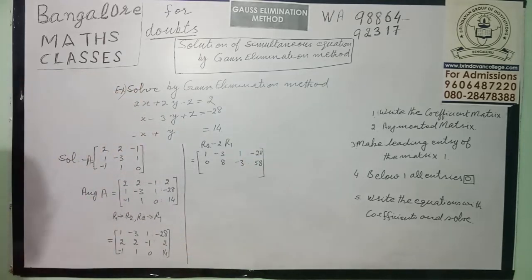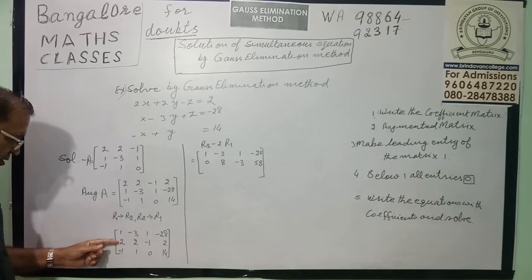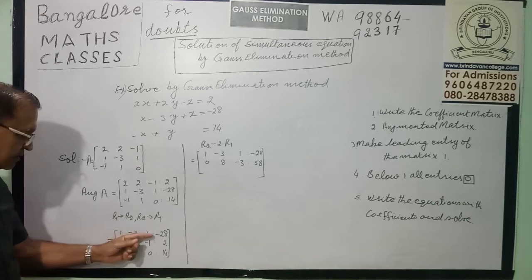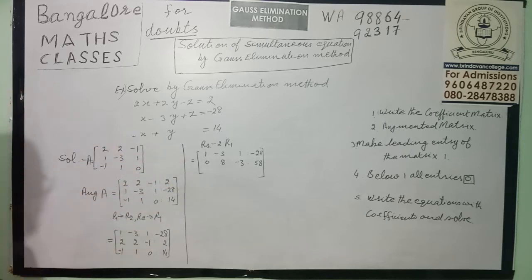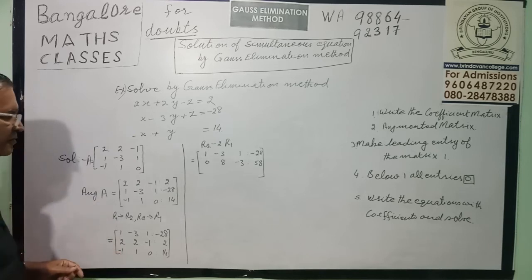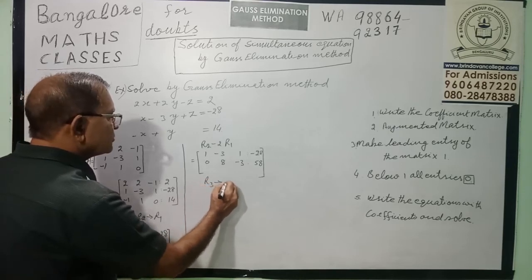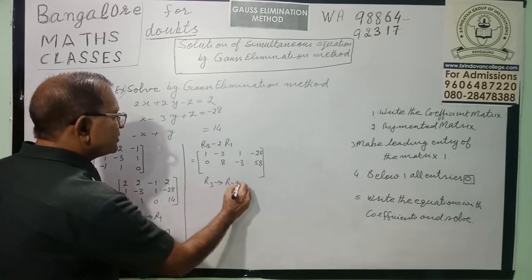So like that we will get. Our aim is to get 0 here. Then we get R2 minus double of R1. So multiply R1 by 2 and then subtract. This is what we will get. Then I want 0 here. I can add these two, R3 to R3 plus R1.